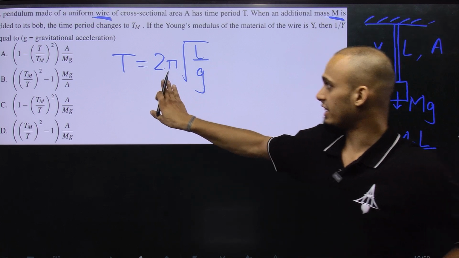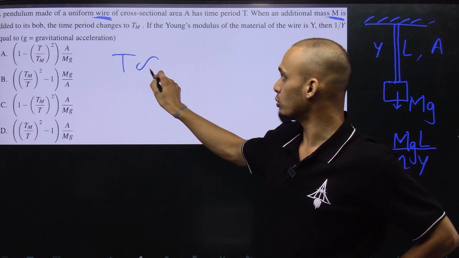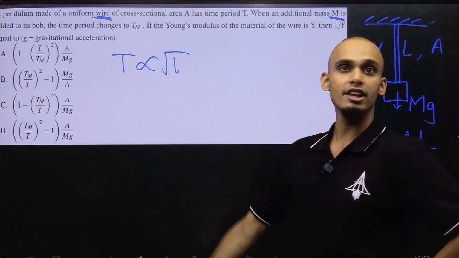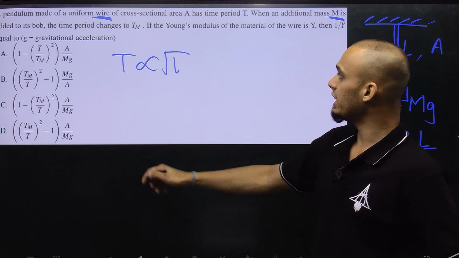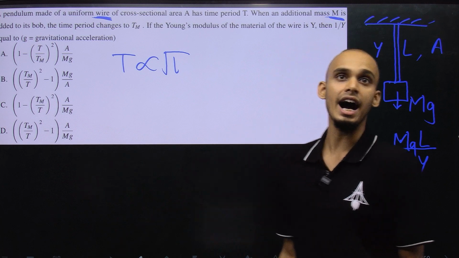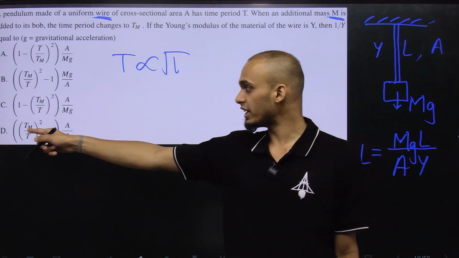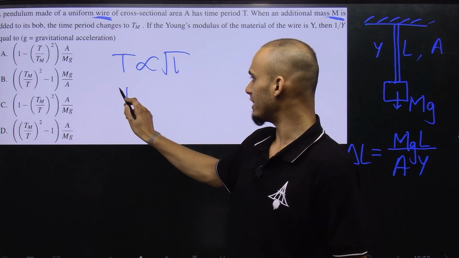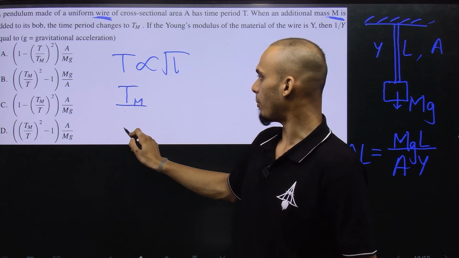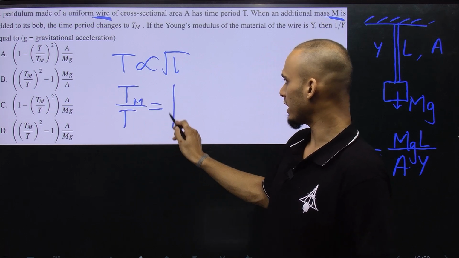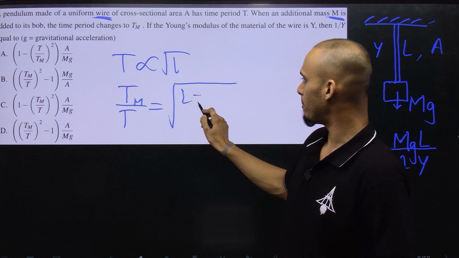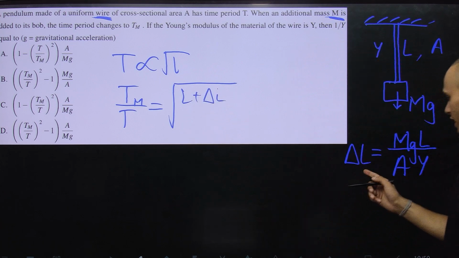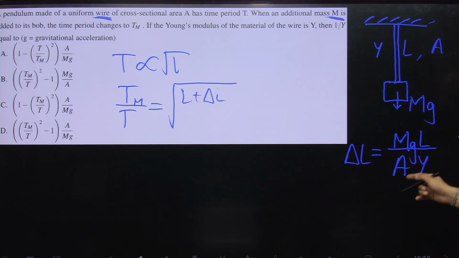So we can say that time period is proportional to square root of length of the wire. So if we need the ratio of time period after adding a mass m to the initial time period, we can simply write the ratio Tm upon T to be equal to the ratio of their lengths, L plus delta L, which we can now write as L plus mg upon AY.